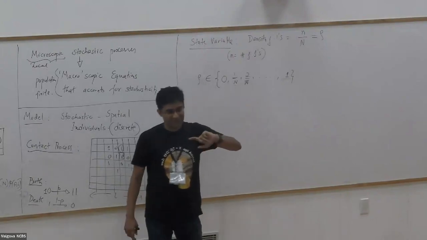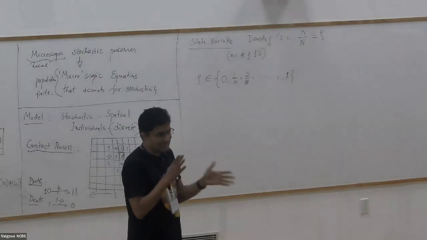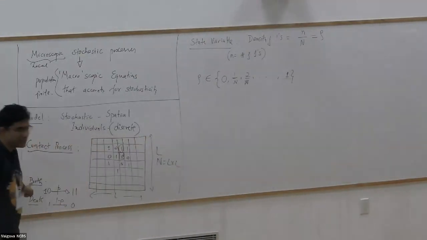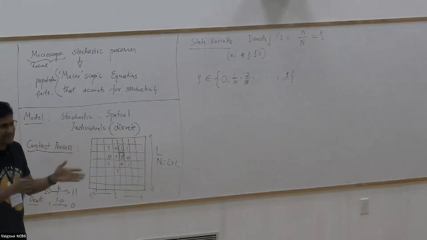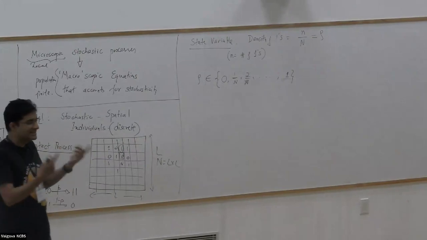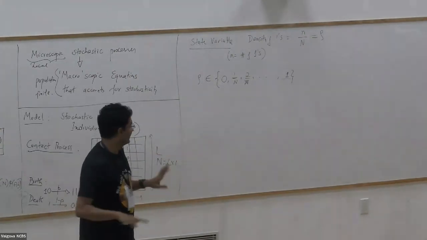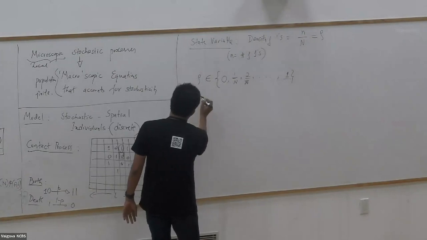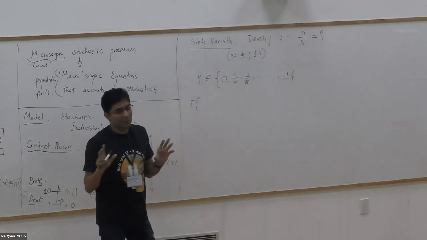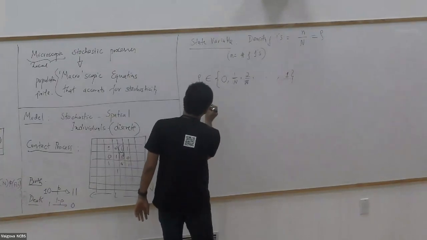Whereas death does the opposite, which is it decreases by 1 over n. So if only one of these two events happens, which is true in an extremely small interval, then the density can either increment by 1 over n or reduce by 1 over n. That means I have to really narrow myself down to an extremely small number of transition probability values, right?